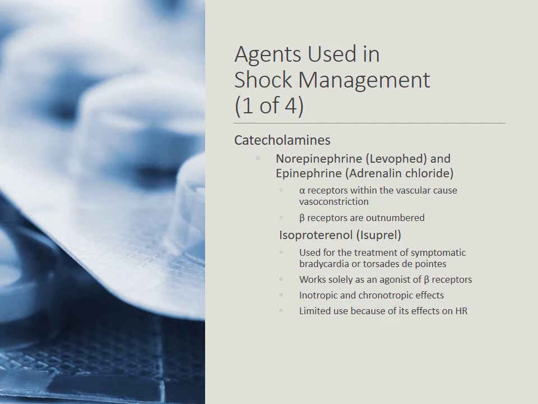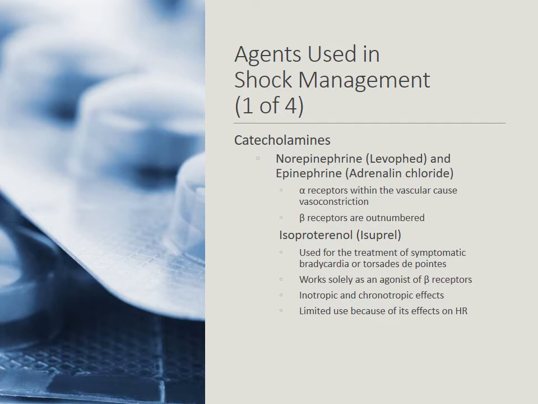These neurotransmitters travel to sympathetic nerve endings where they are released to stimulate other nerve fibers and stimulate an excitatory response. Norepinephrine and epinephrine stimulate alpha receptors within the blood vessels and beta receptors within the vasculature and the myocardium.